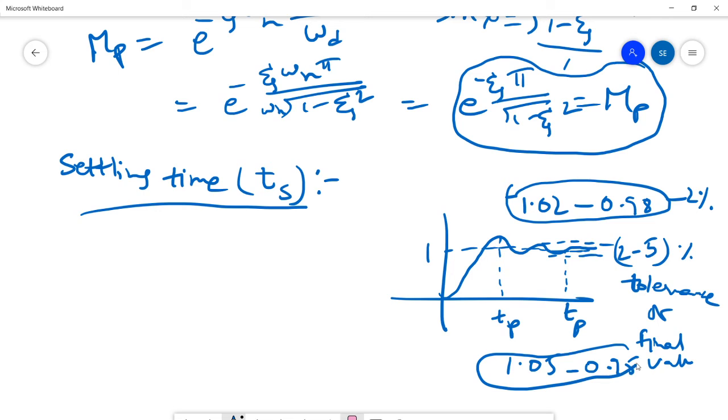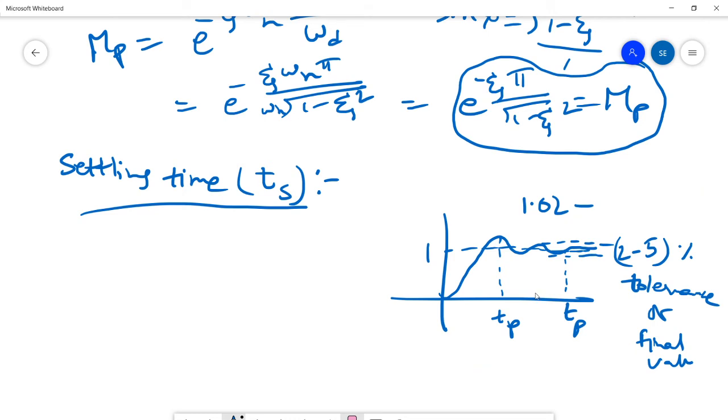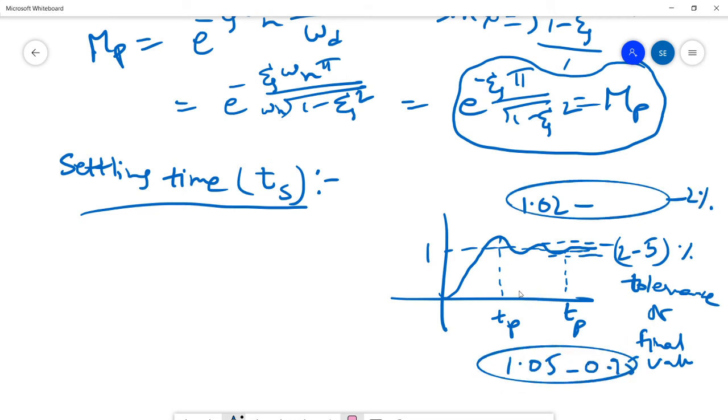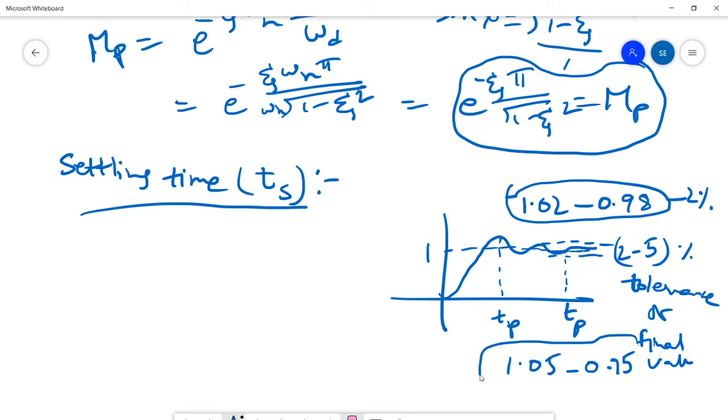Okay, this is how we get the settling time from the plot.